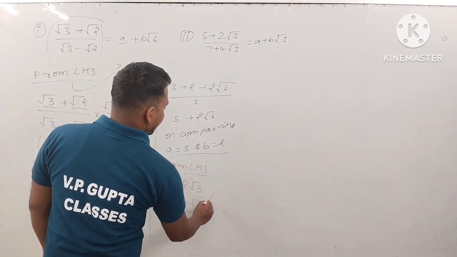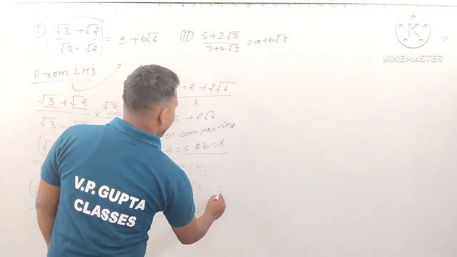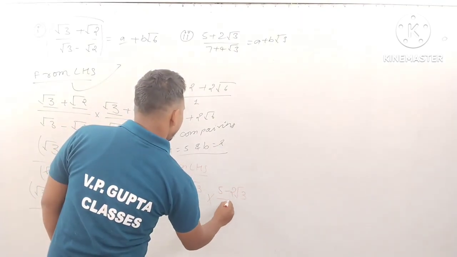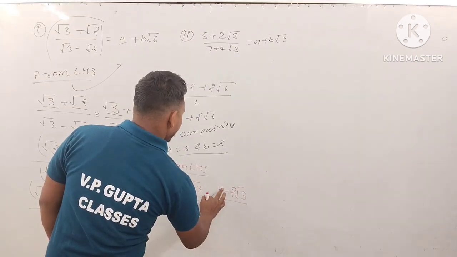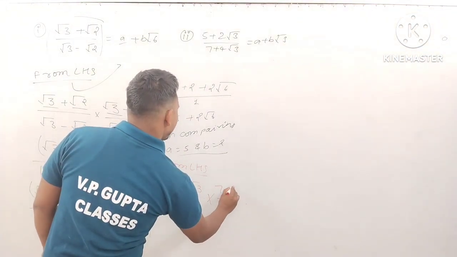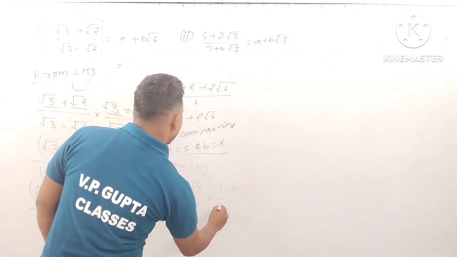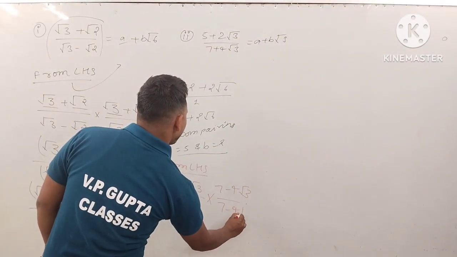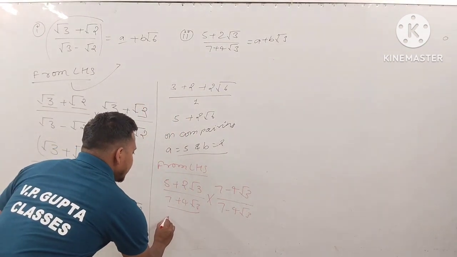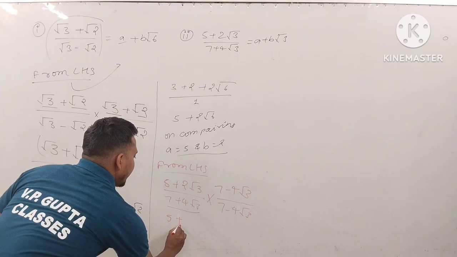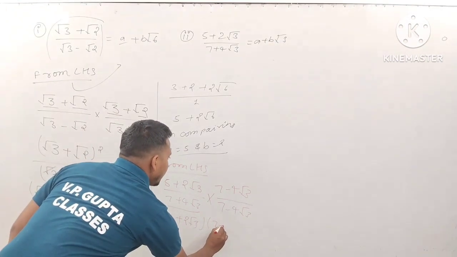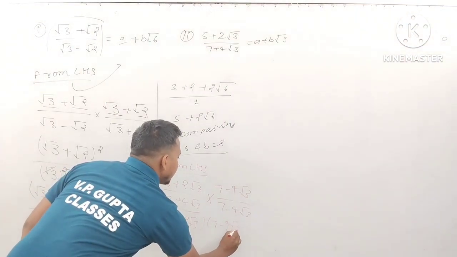Now 5 minus 2 root 3 divided by 7 minus 4 root 3 over 7 minus 4 root 3. The numerator becomes 5 plus 2 root 3 into 7 minus 4 root 3.